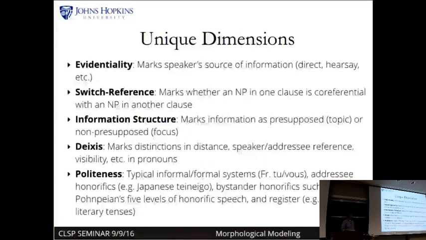Okay, so I don't need to go into, I think I mentioned switch reference. There are other cool dimensions like deixis, which indicates distinctions between demonstrative pronouns, like Spanish, which has aquí, allí, allá, which means here, there, and over there.